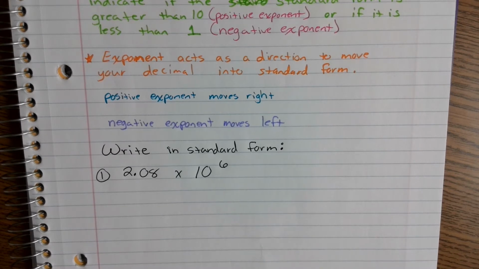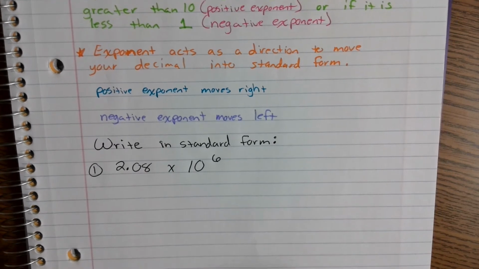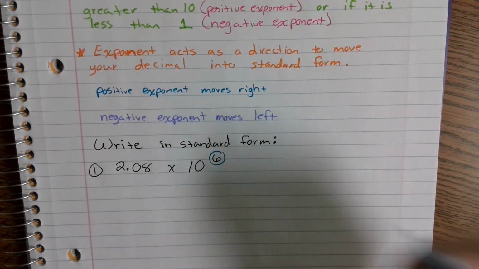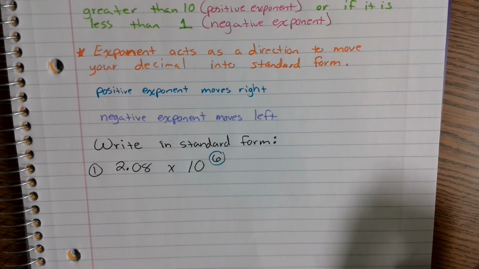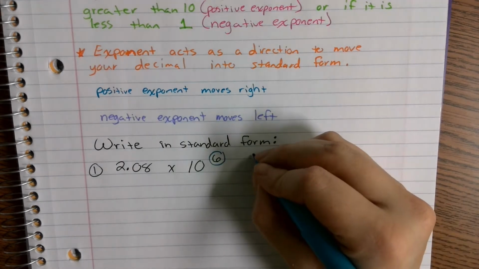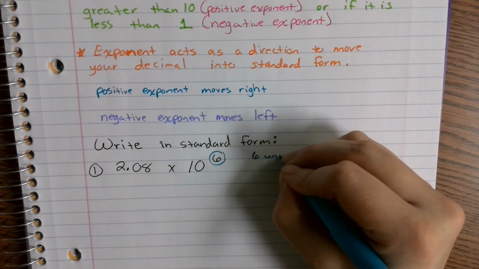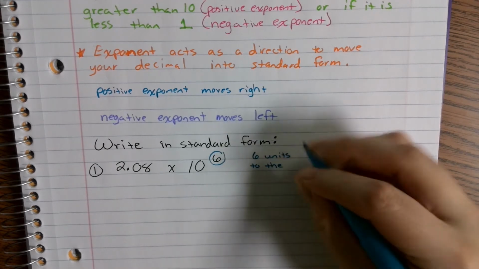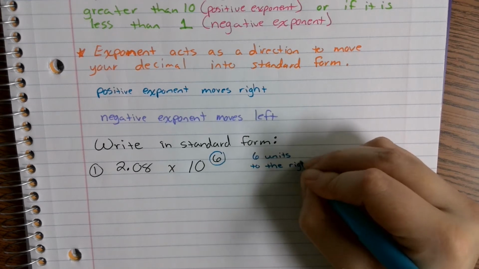Again, if I want to translate it into standard form, the first thing I'm going to look at is that exponent. My exponent is positive. So I'm going to move my decimal 6 units to the what? To the right. 6 units to the right.